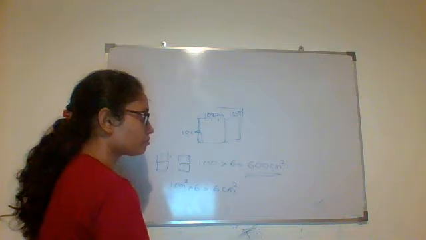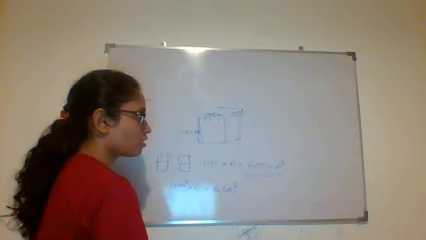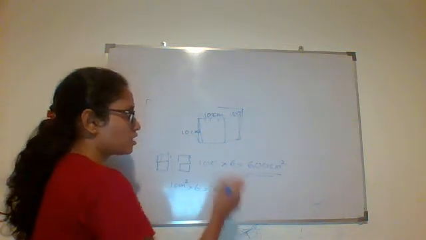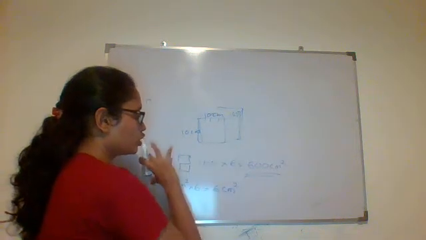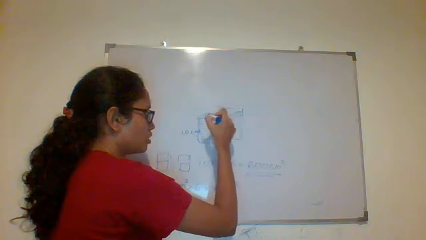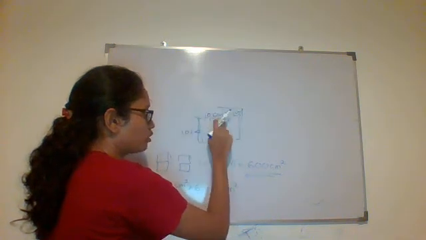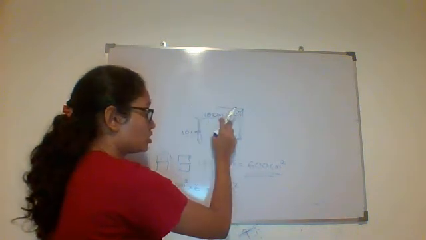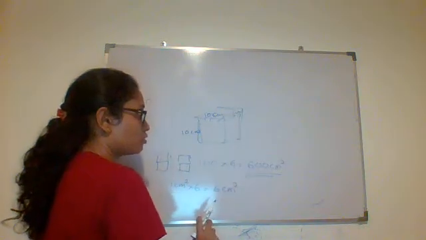And so how many cubes are there? How many cubes can occupy this large cube? It will be 10 along this side and 10 along that side.